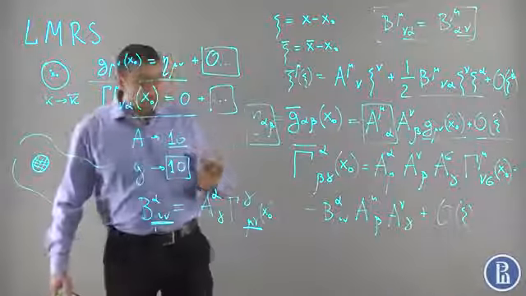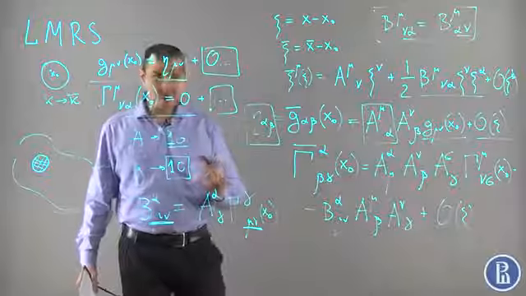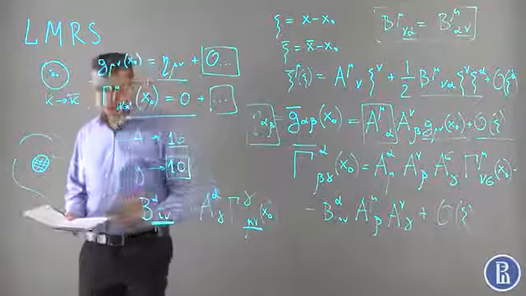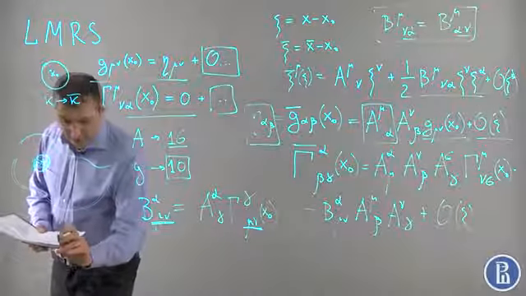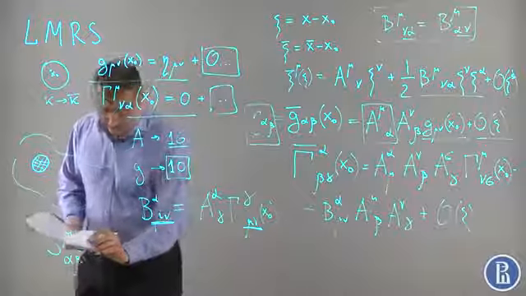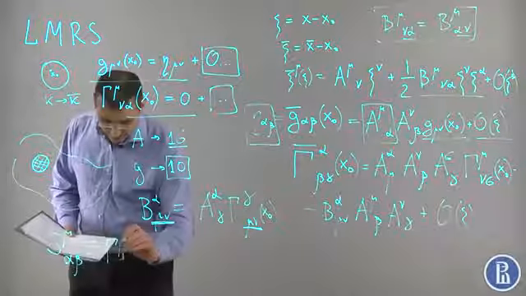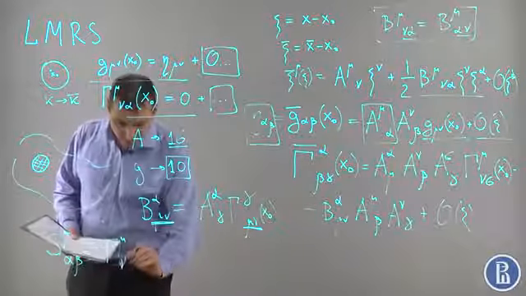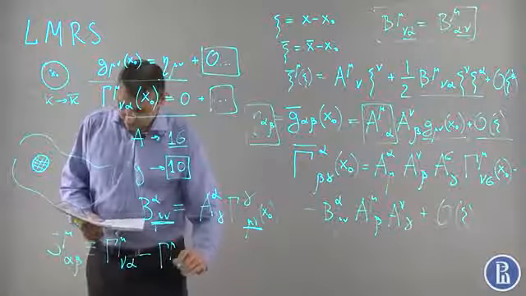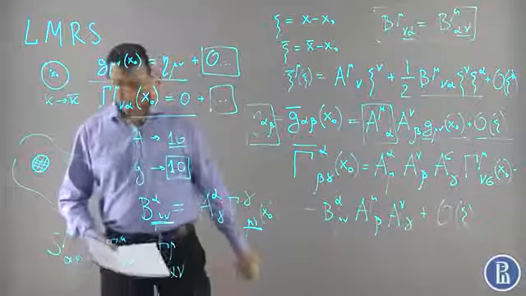So let us look more closely at what is going on. Consider the so-called torsion. Torsion is just the difference of two Γs: Γ^μ_{να} minus Γ^μ_{αν}.